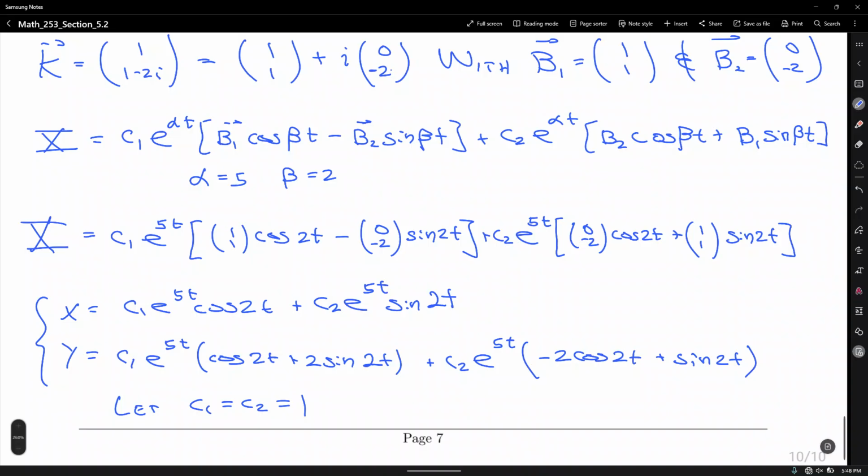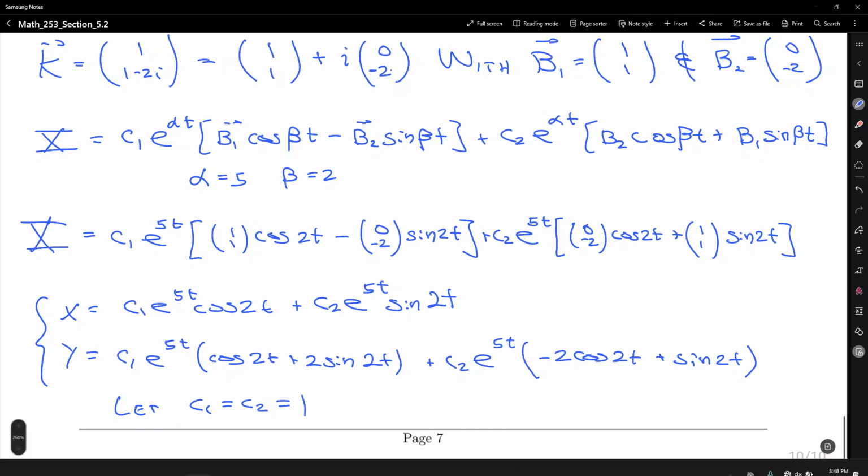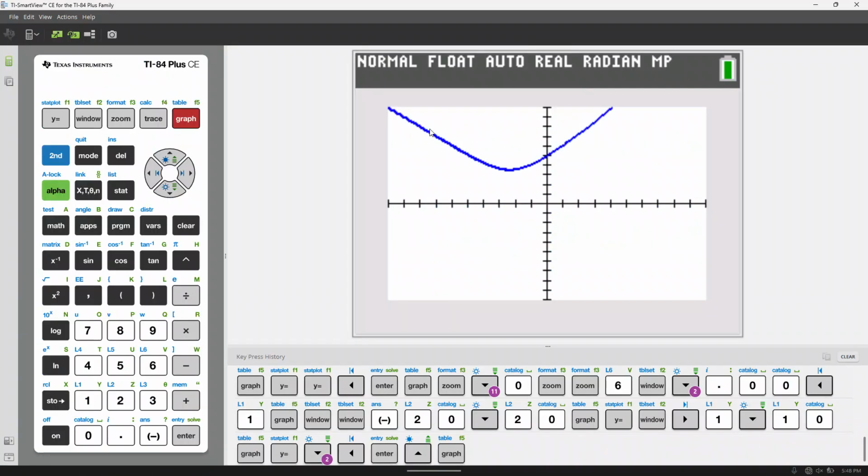I'm just making up some arbitrary constants so I can graph this. What does the graph of this look like? Unlike this graph, which is a combination of exponentials with positive and negative exponents, that resembles the graph of a hyperbolic function, a little bit shifted to the left.